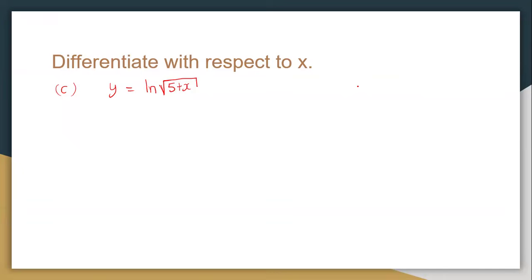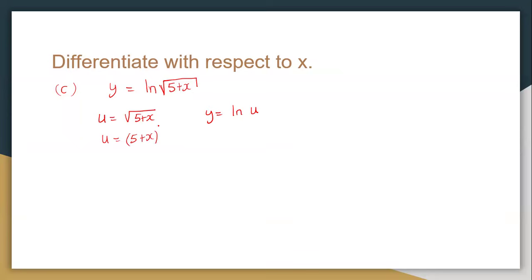Yes, sir, good morning. So we're going to break that function. We have u equals to what is inside, then y equals to the whole thing, ln u. So that u equals to root of 5 plus x, that can be written as 5 plus x power a half.